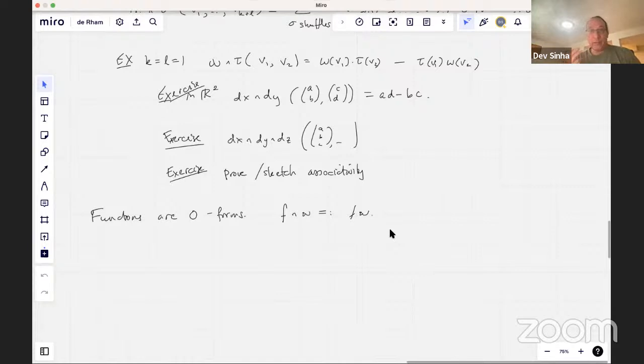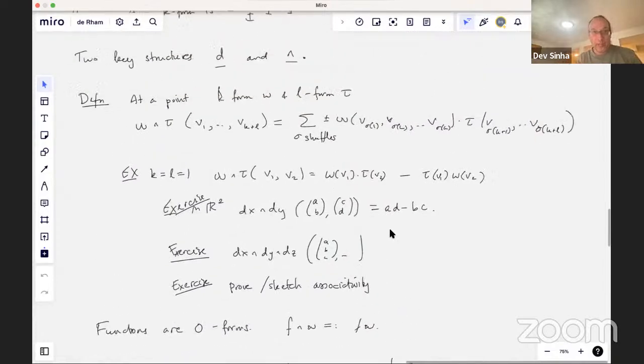And so an exercise, by the way, is to check compatibility of this definition with the above.